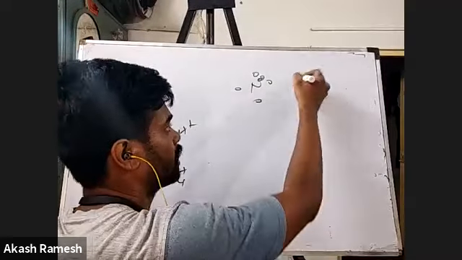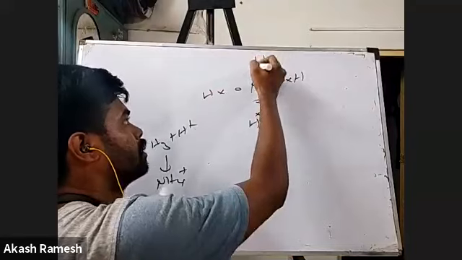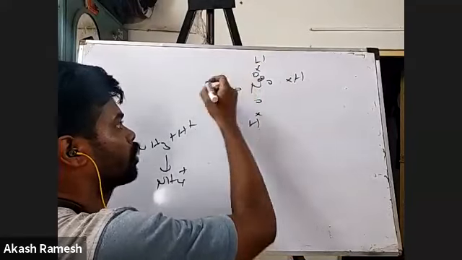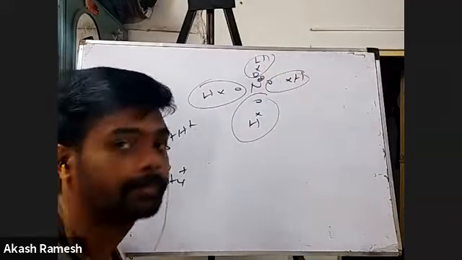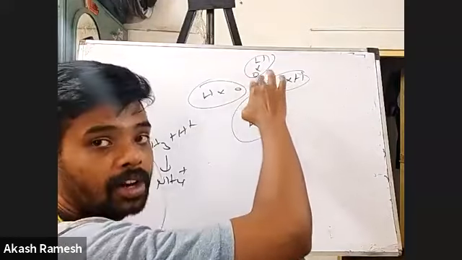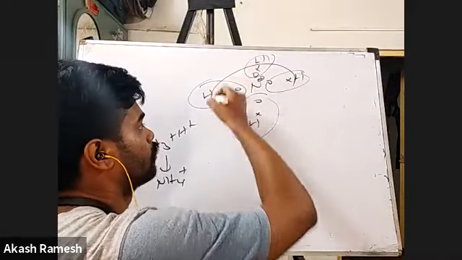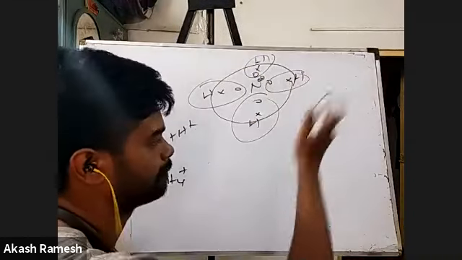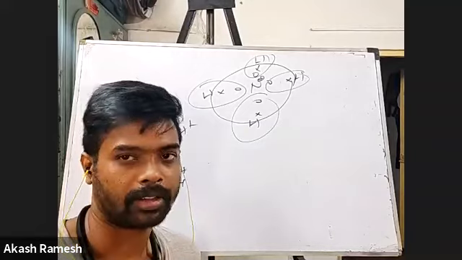And there are 4 hydrogen atoms, each having 1 electron. Hydrogen requires 2 electrons to satisfy its duet, so 4 hydrogens are done. And nitrogen already is having 4 valence electrons. It requires 4 more electrons to satisfy its octet, so it will take all the 4 electrons from 4 hydrogen atoms. Done. Very simple, right? This works.